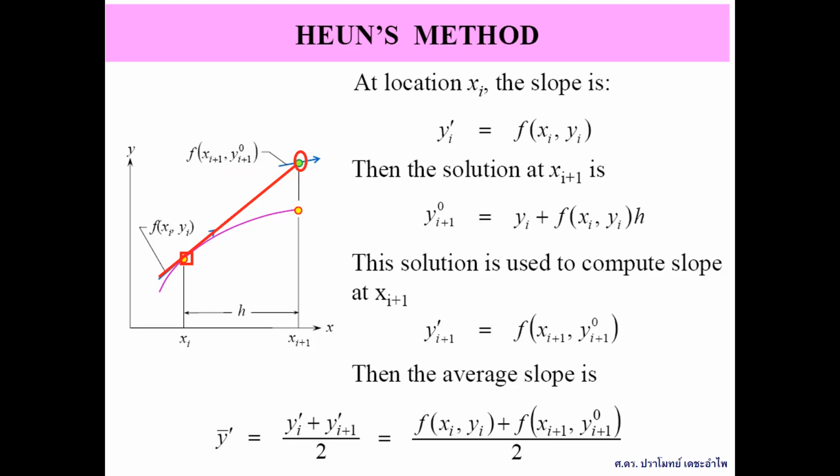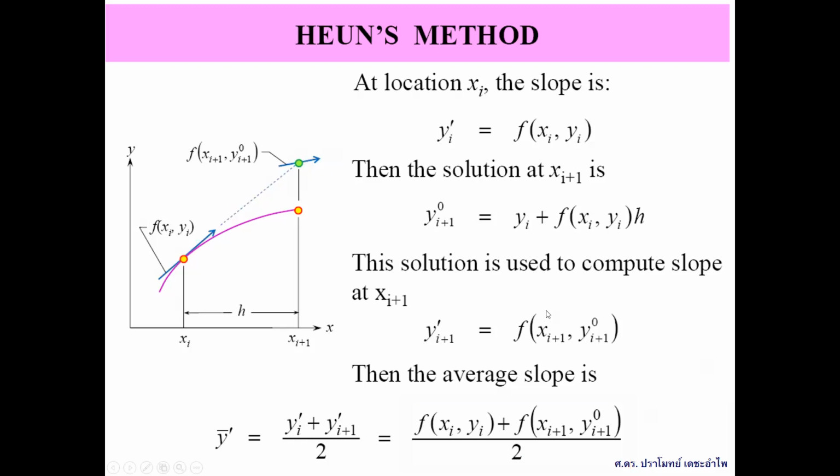The orange line is the slope at the endpoint, and the red line is the slope at the initial point. So then we can determine the average slope right now. After we have the initial slope and the end slope, we can determine the average slope.